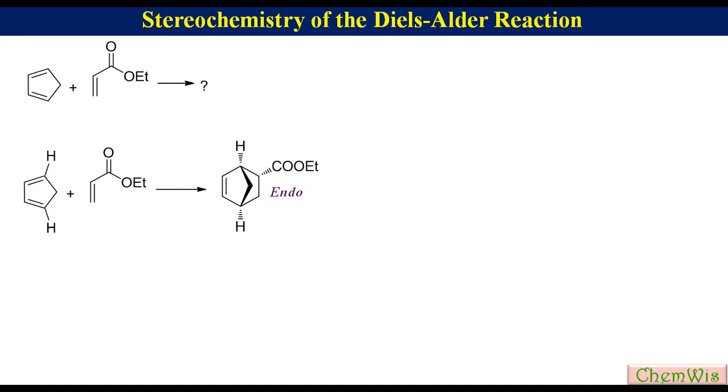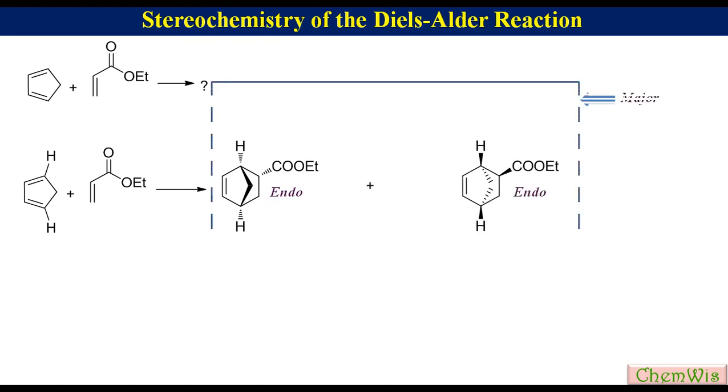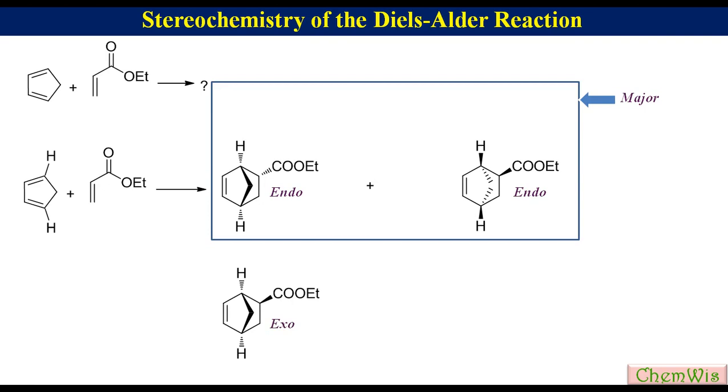There will be one more endo enantiomer which can be drawn like this. The structure of exoproduct can be drawn like this, in which hydrogen and ester group will be trans to each other. The other enantiomer of the exoproduct can be drawn like this.